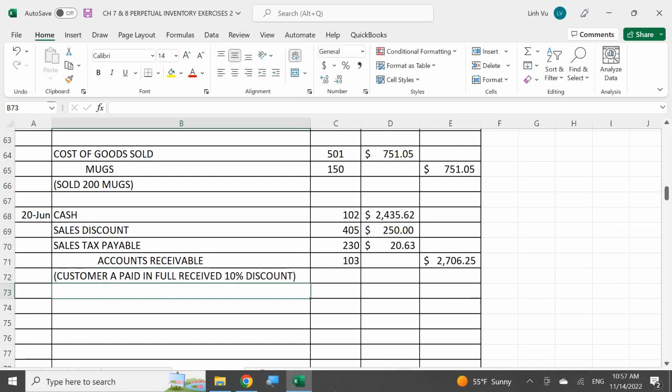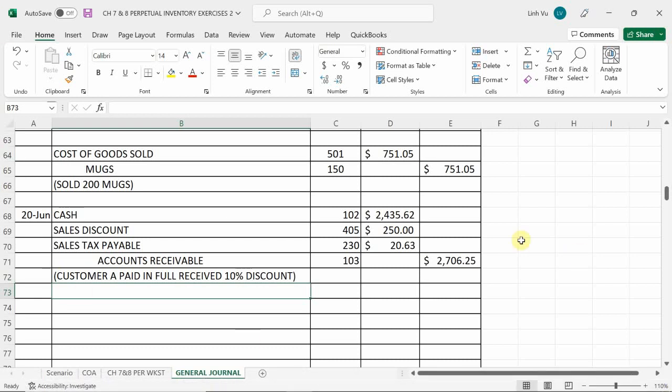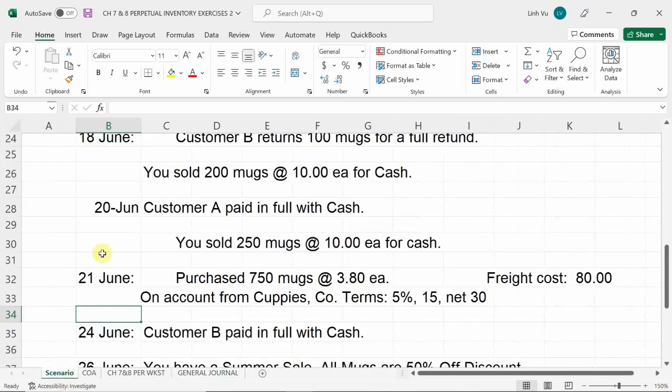So that's how we do the discount: we have to figure out how much the total full amount is, what the discount amount is, how much tax money we have to give back, and then figure out how much cash we're actually going to be receiving from customer A. And of course, a payment from customer A does not affect your inventory whatsoever.